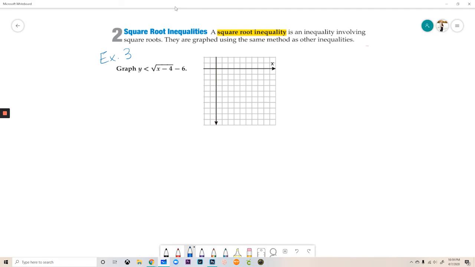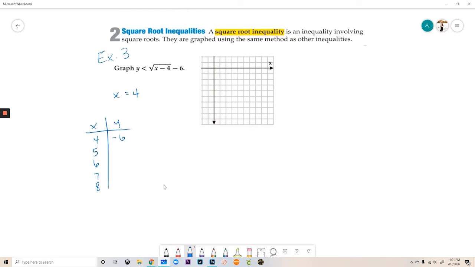So again, the first x value I'm going to start with is going to be 4. If I make just a quick XY table, I plug in 4, 5, 6, 7, 8, and so on. 4 minus 4 is 0, square root of 0, this is going to be negative 6. If I plug in a 5, I'll have 5 minus 4, which is the square root of 1. 1 minus 6 is going to be negative 5. If I plug in a 6, 6 minus 4 is 2.